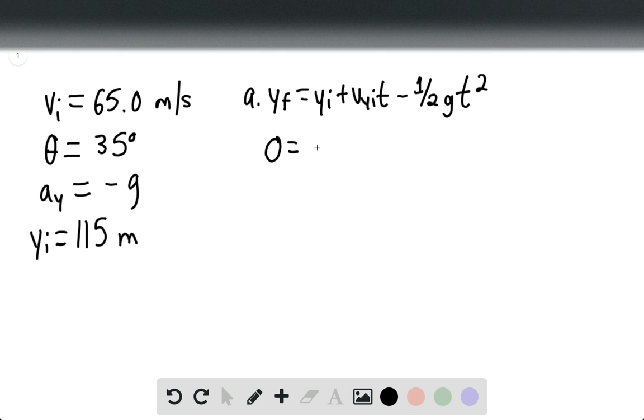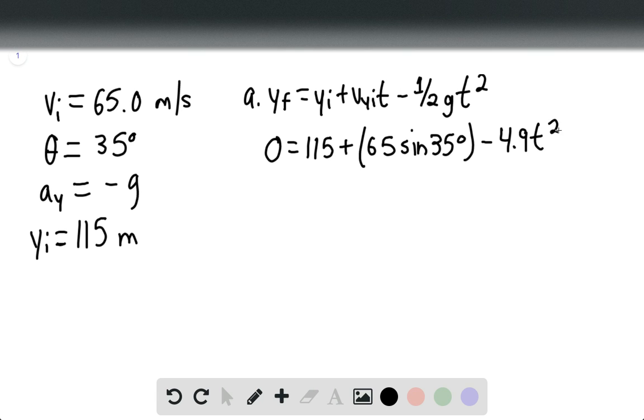So 0 equals 115 plus 65 sine of 35 degrees t minus 4.9 t squared. This is a quadratic equation, so we can just simply solve using a solve function in your TI 84, 85, or 89.